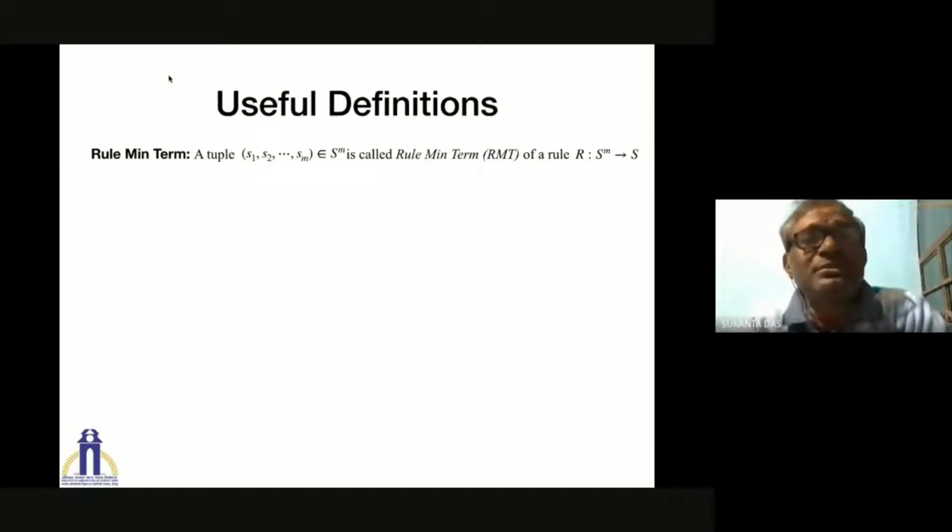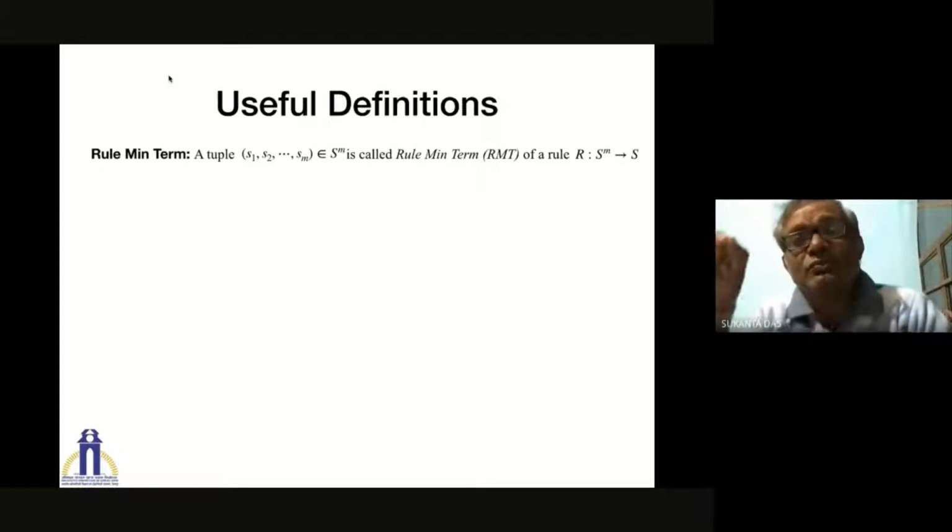Rule min term is nothing but an element of the domain of a rule. Suppose R is a rule from S to the power m to S. So the domain is S to the power m, and it has a finite number of elements.